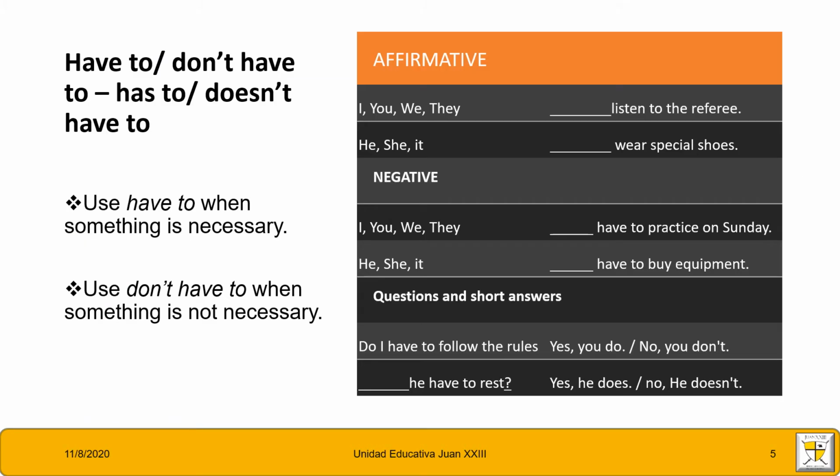Here we have an exercise. This is a chart, okay? When we use have with I, you, we, and they, here we have to write have, with have to.